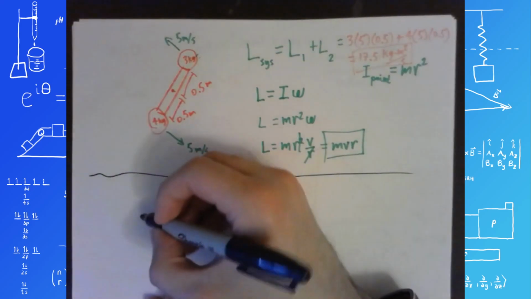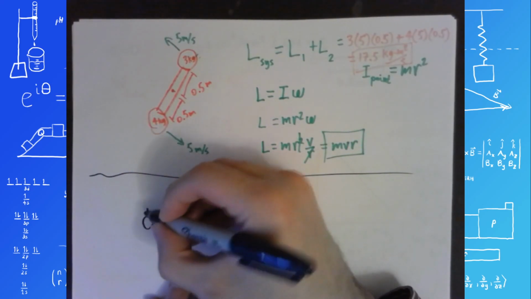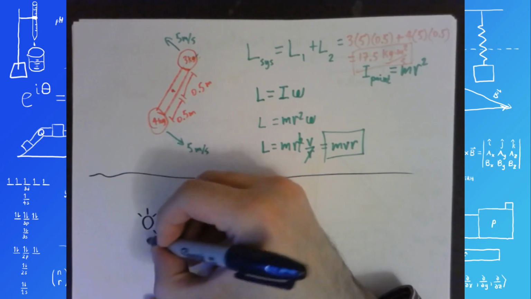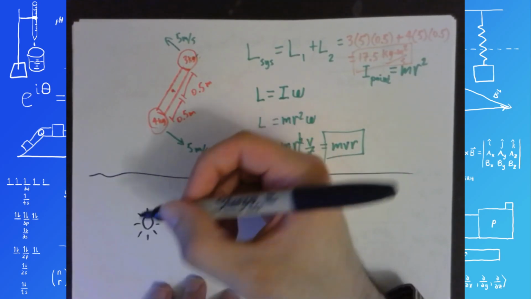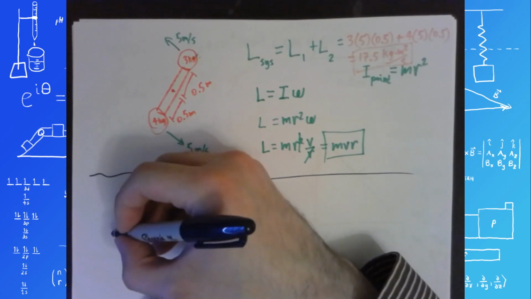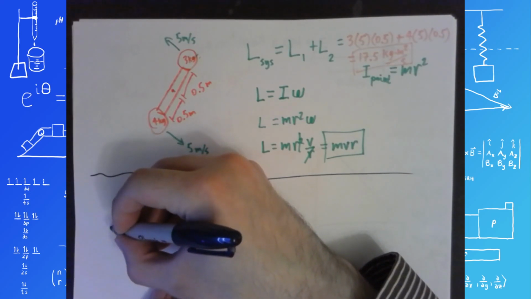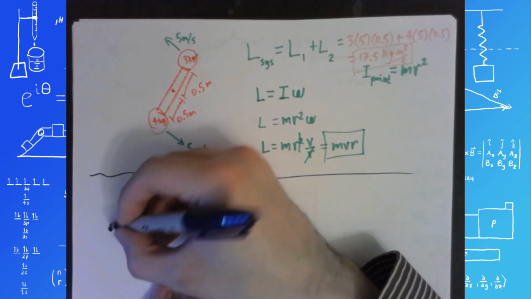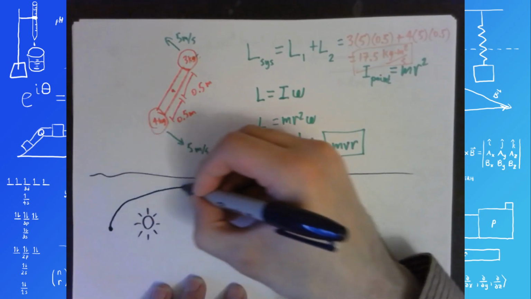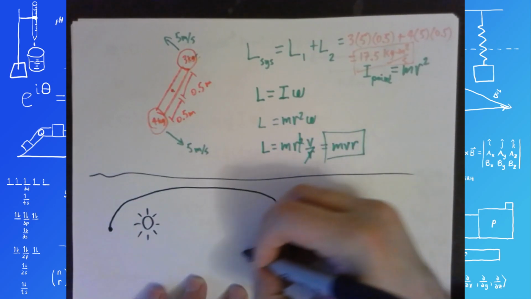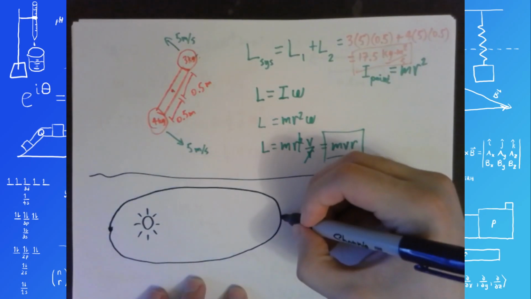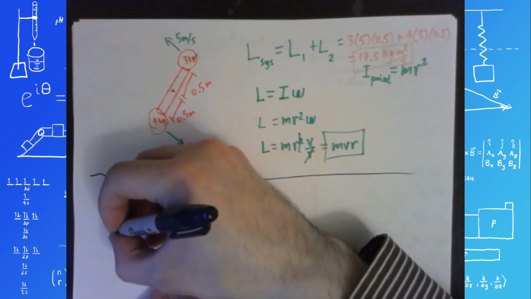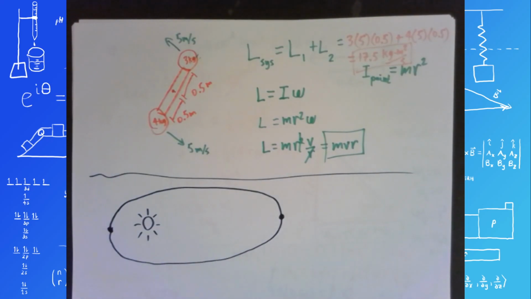All right, so we've got the Sun, and then we've got Halley's Comet, which has its closest point to the Sun there, and its farthest point from the Sun is all the way out here, not drawn to scale, because if I were to draw this to scale, it would take more than just this one measly sheet of paper.